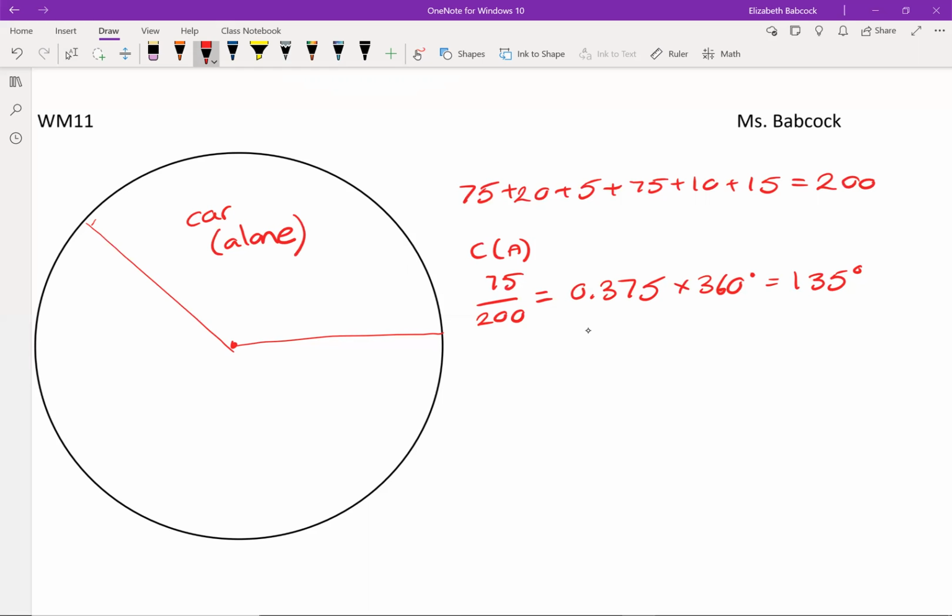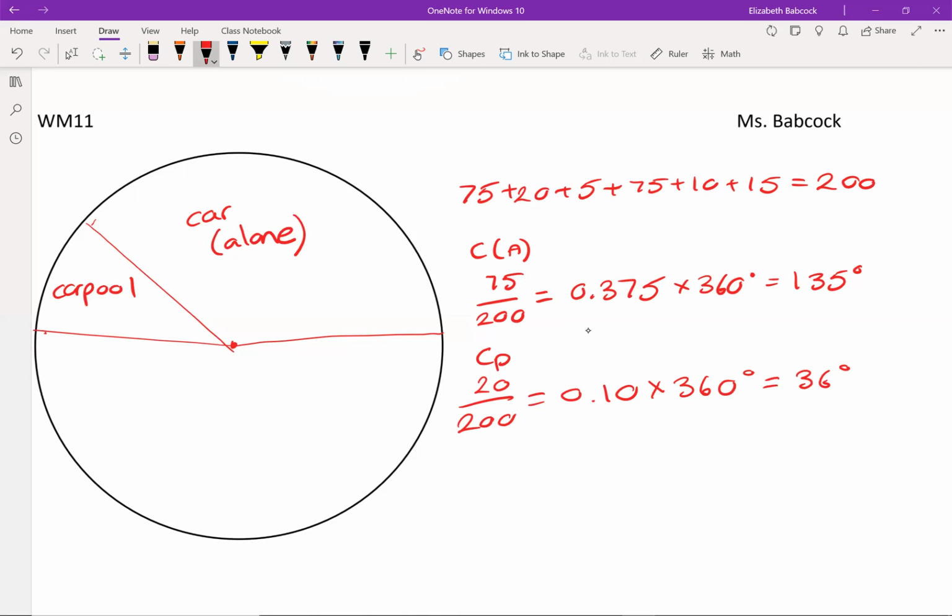And then you just repeat that process for each one. So next we can do carpool. That was 20 out of 200, which is 0.1 times 360 equals 36 degrees. Using your protractor, line it up where your car one ended. And you should get 36 degrees. Okay. So this is carpool.